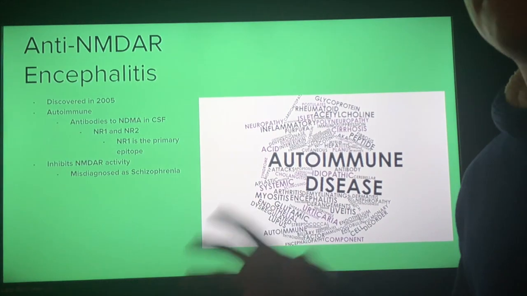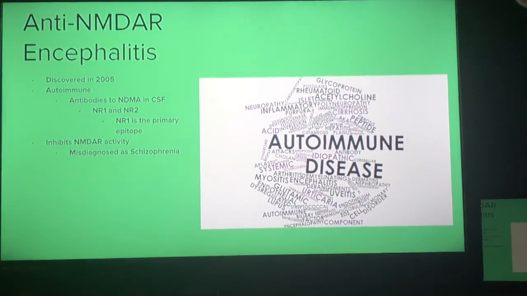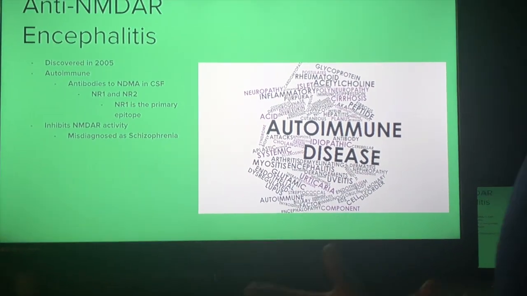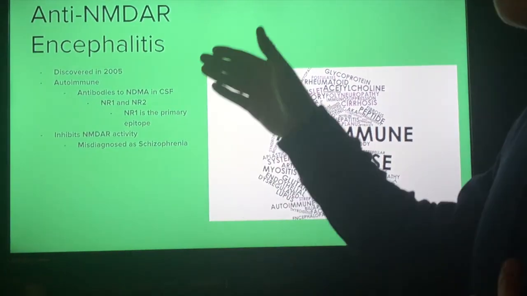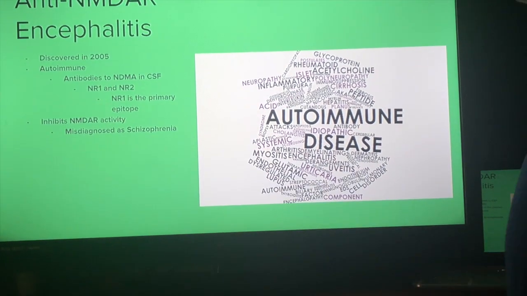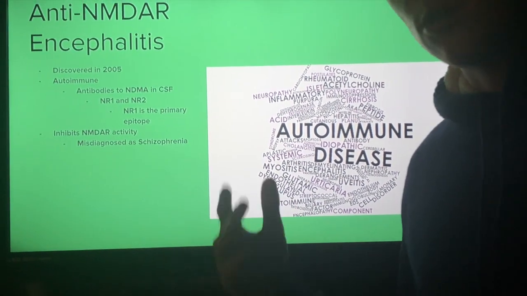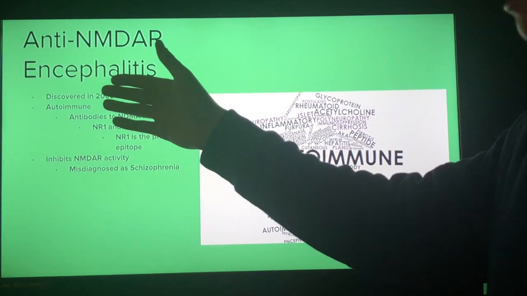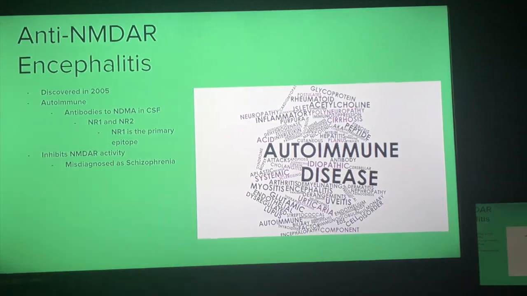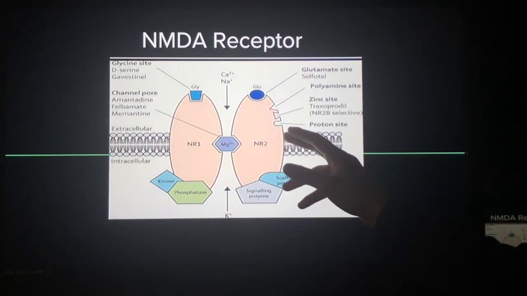In 2005, people were presenting to the hospital with psychotic behaviors, and we weren't sure what was going on with them until eventually we found NMDA antibodies in their cerebrospinal fluid, right? If we're forming antibodies to our own receptors, then essentially this is an autoimmune disease, right? So antibodies are forming against NR1 and NR2, these two subunits.